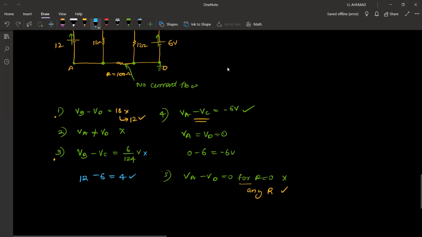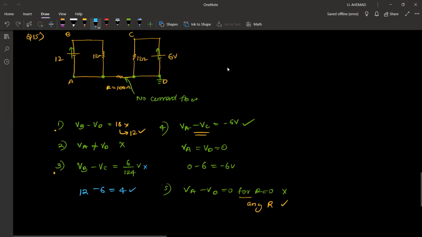Okay, this question, Amna. Okay, so in these types of question, we used Kirchhoff law to find the potential drop and then equate it.